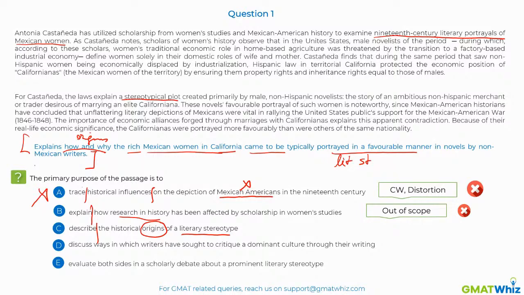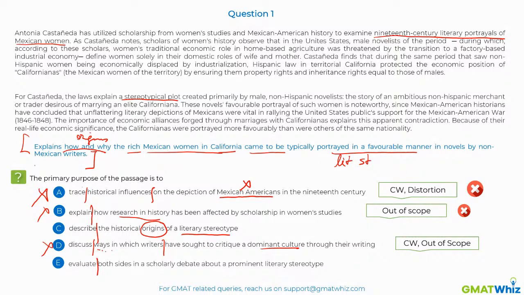D. Discuss ways in which writers have sought to critique a dominant culture. Is there any discussion about that? This is absolute crap. Evaluate both sides in a scholarly debate. First of all, I'm thinking, is there an evaluation being done anywhere? Is the author deriving any conclusion?